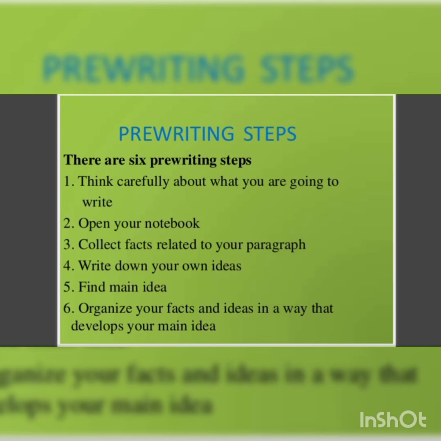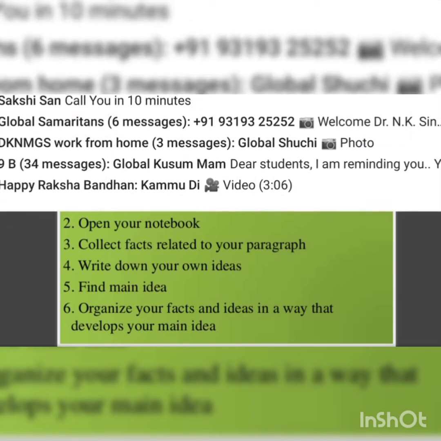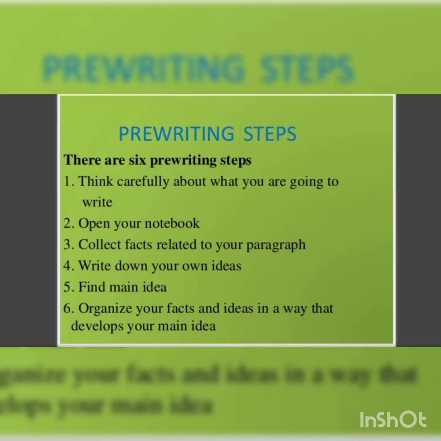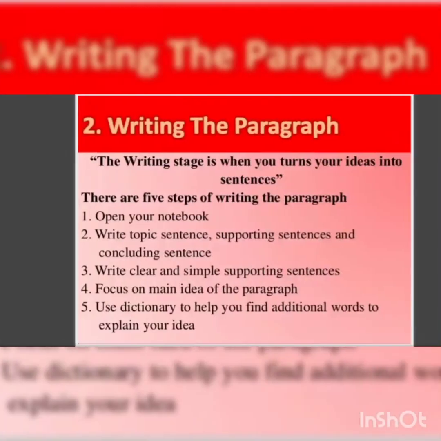Find the main idea, because when we start thinking about any idea, we get so many ideas and then we have to really find out which idea is the main idea in my writing. Organize your facts and ideas in a way that develops your main idea. So that is very important. These are the pre-writing steps which you need to take care of before writing your paragraph.